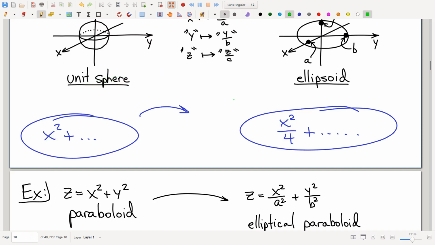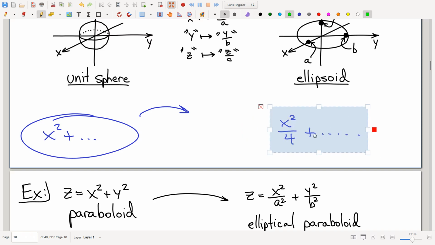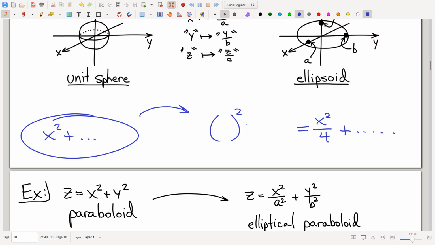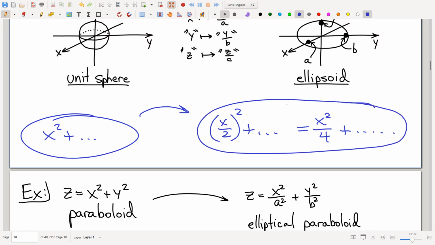It's not about the layout on the page and the typography. What it's about is, let's see here. I need to slide that over. Let me point out this is the same as x over 2 quantity squared. Right? And when I say I'm going to replace x with something, what I mean is everything that happened to x needs to happen now to whatever it is that I replace x with.